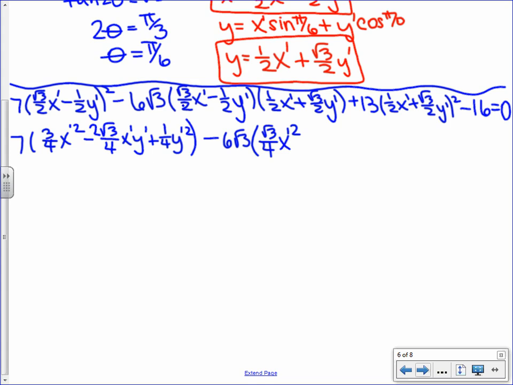Outside? It should be 3/4 xy, correct? Inside terms?